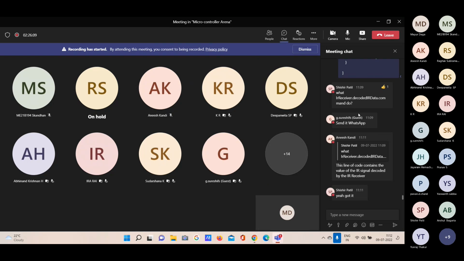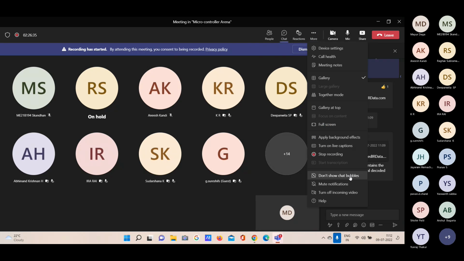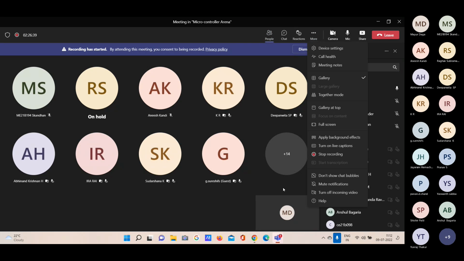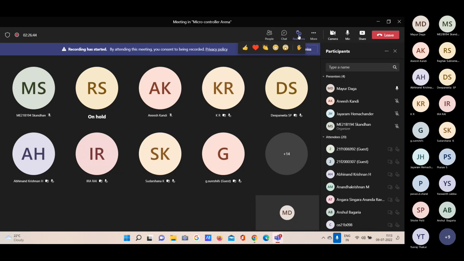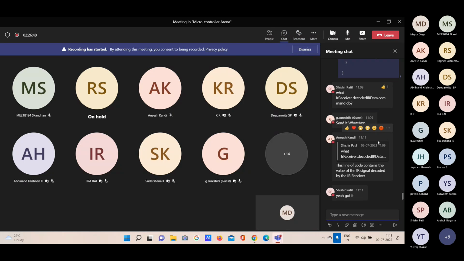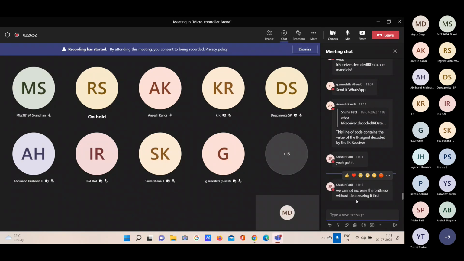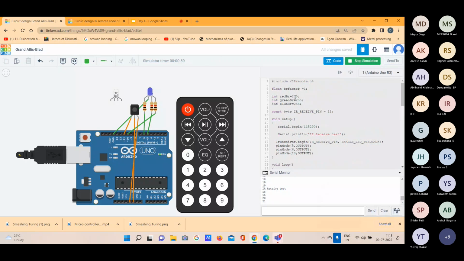Any doubt, please ask. We cannot increase the brightness without decreasing it first, because we have initialized it with 255, right?